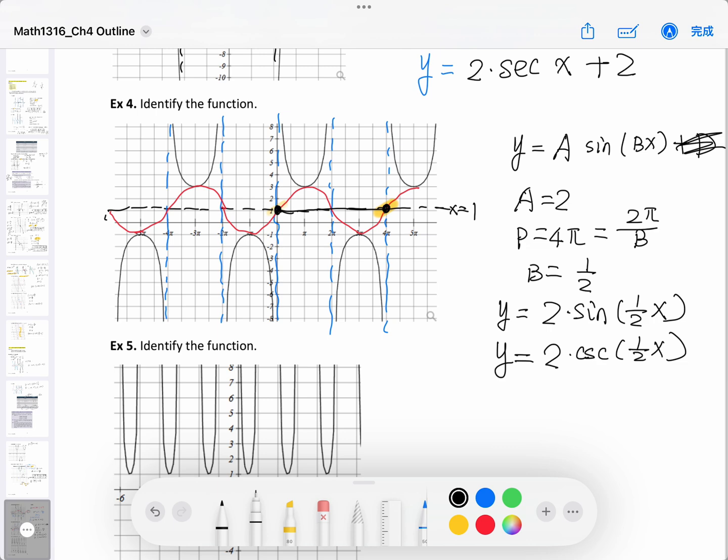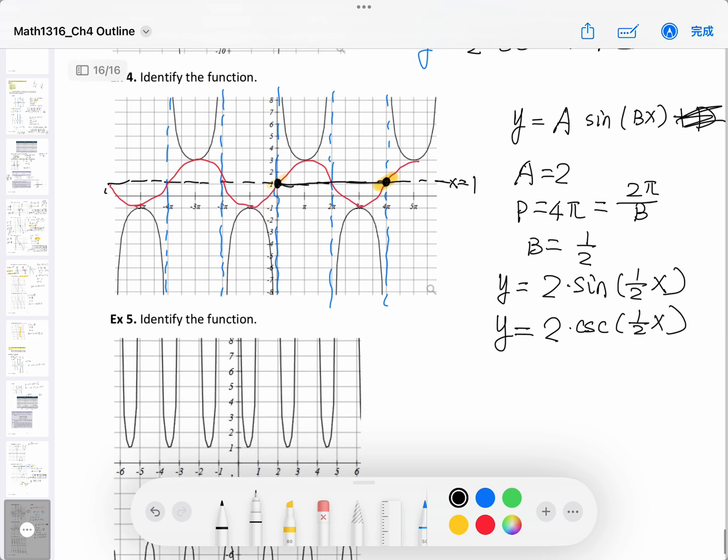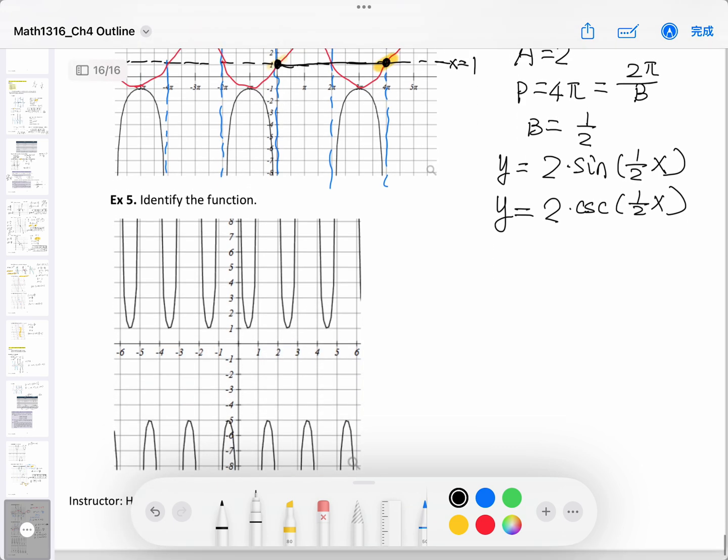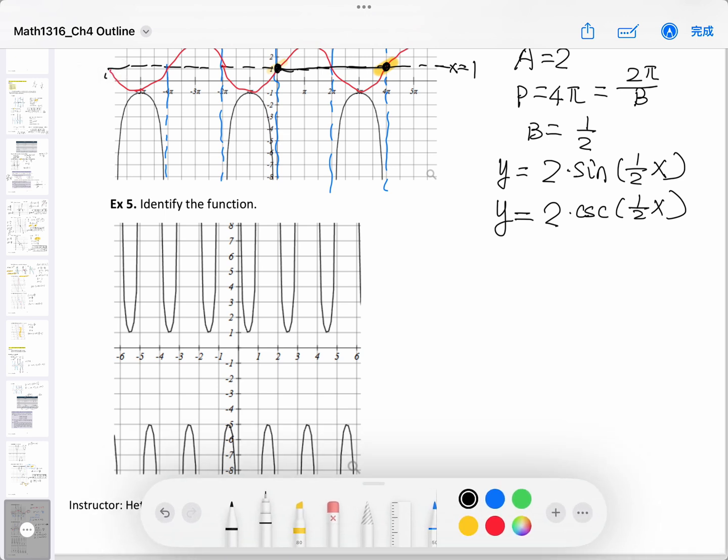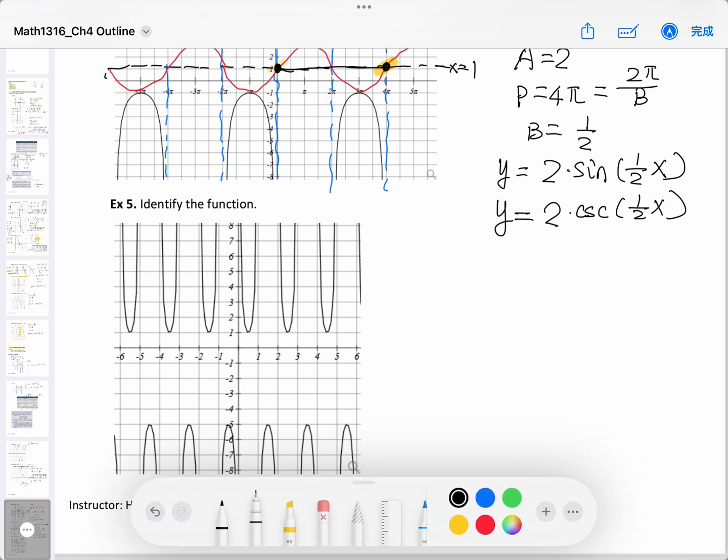Let's see next example. This one we want to identify the function, and we do the same thing. Find the center line. So it's from 1 and -5. So distance between them is 6.